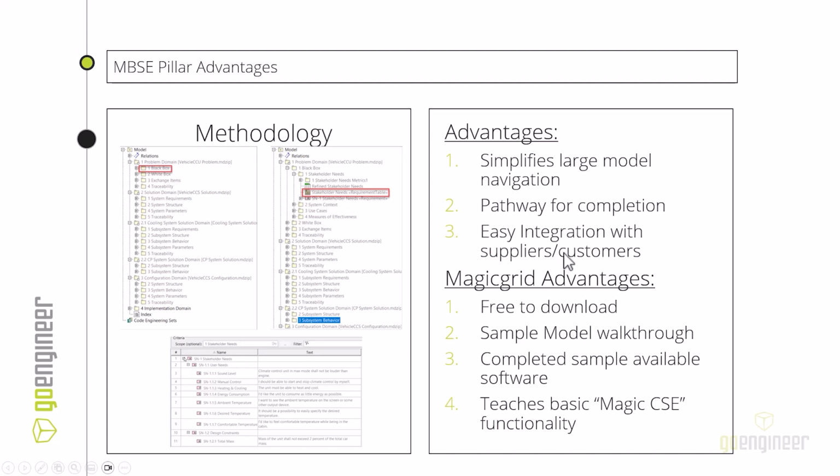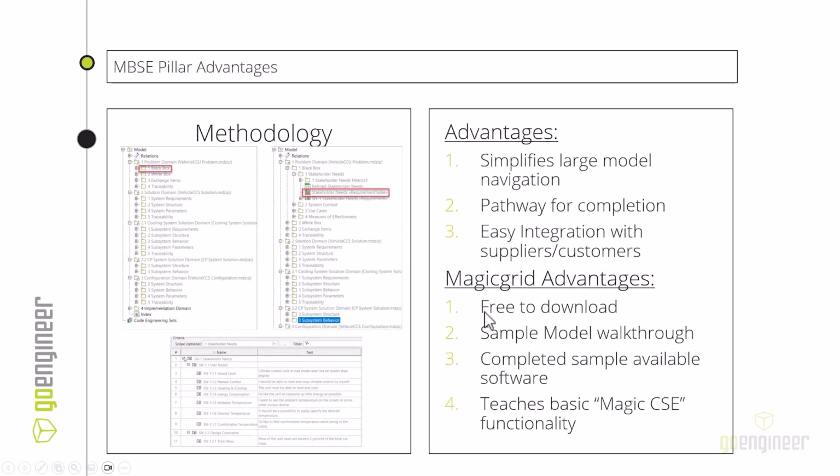Now, for Magic Grid specifically, there are a couple of additional advantages. The Magic Grid framework was developed by Dassault; Cameo and Magic Cyber System Engineer are Dassault products, and the Magic Grid framework is free to download. Firstly, that, and secondly, there is a sample model walkthrough.